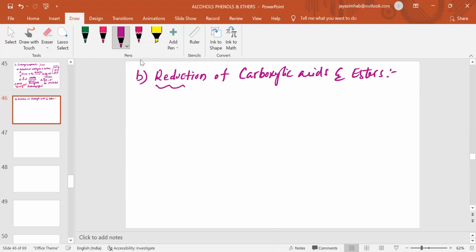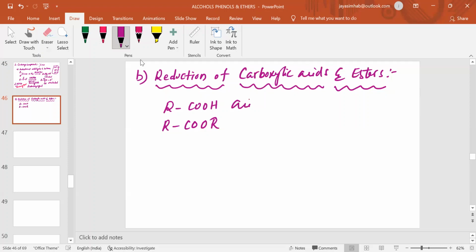So we'll see here. Carboxylic acids means RCOOH. Esters are RCOOR, right? So this is acid, carboxylic acid.